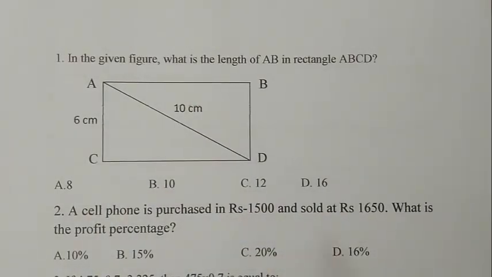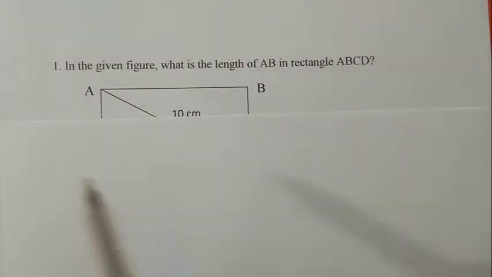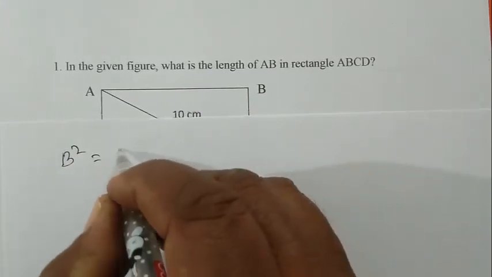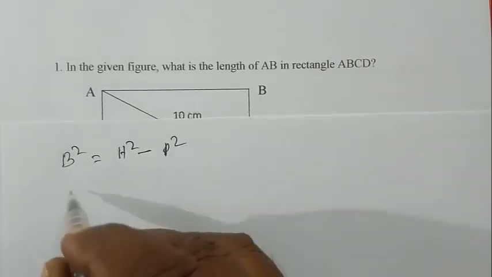From the Pythagoras theorem, we know that base square equals hypotenuse square minus perpendicular square.